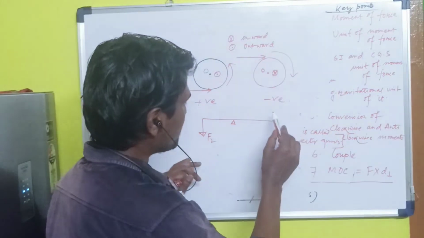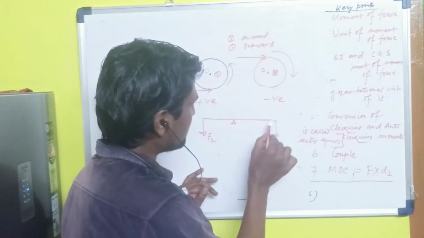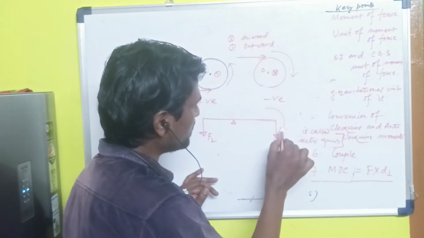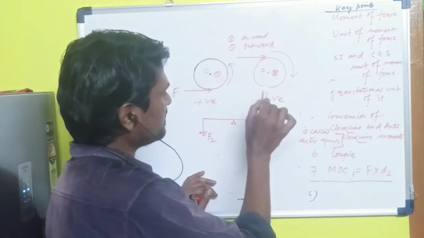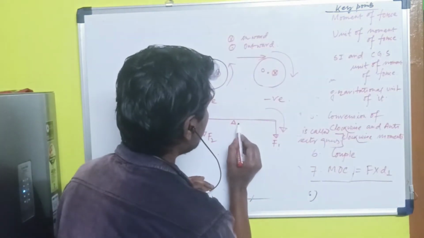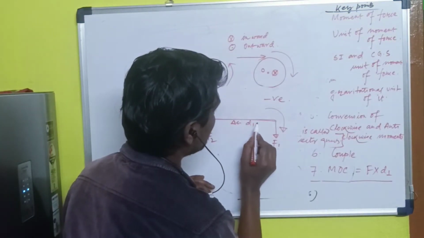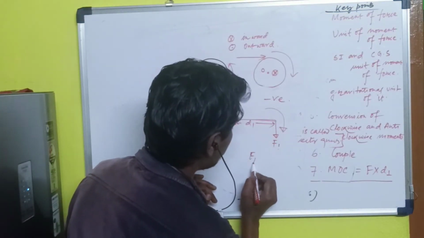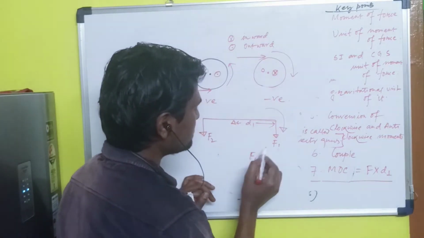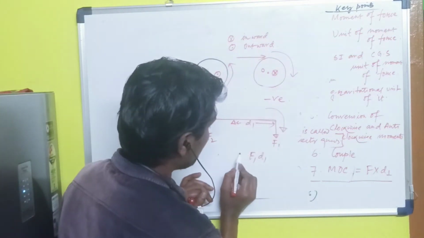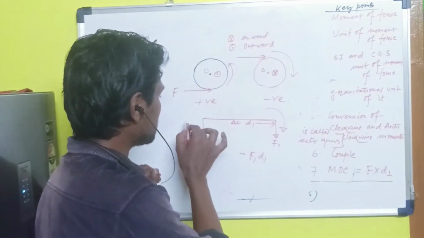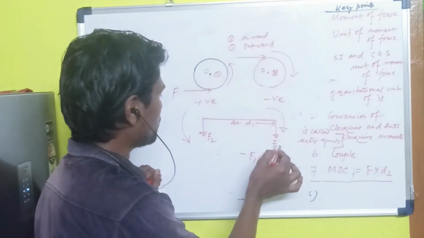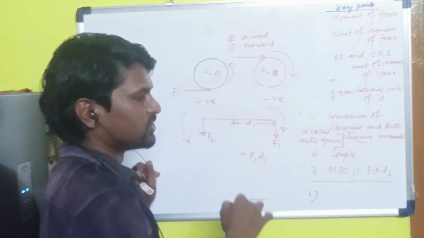It tries to turn the balance clockwise, and clockwise means negative. If this distance is d1, we write minus F1 d1. And if this force is greater than the other force, then it turns along this direction.